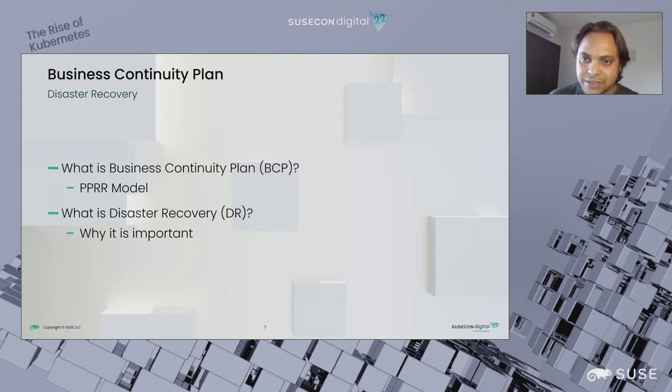At the first step, to be preventive, they should have preparedness. They should have the ability to respond. And at last, if something goes wrong, they should have recovery planning to overcome that situation.